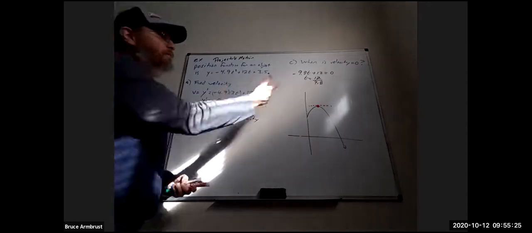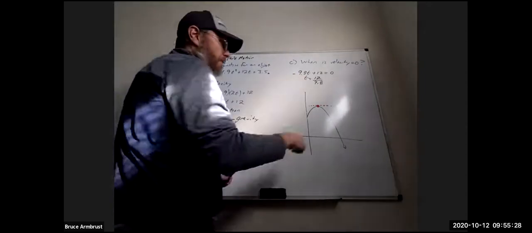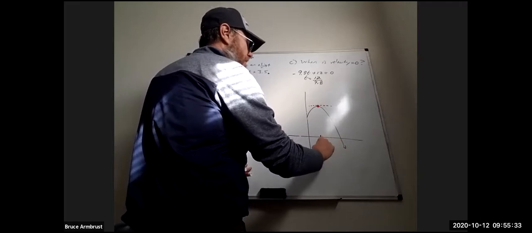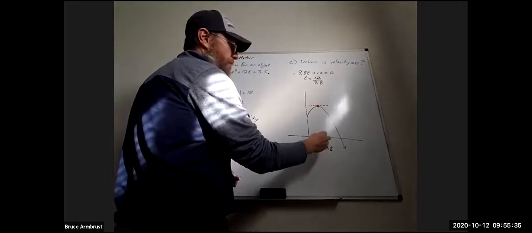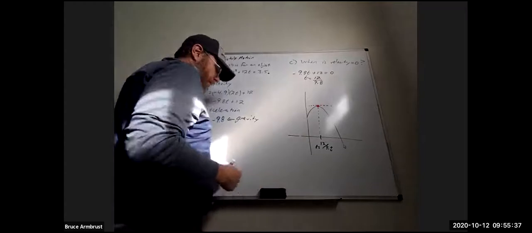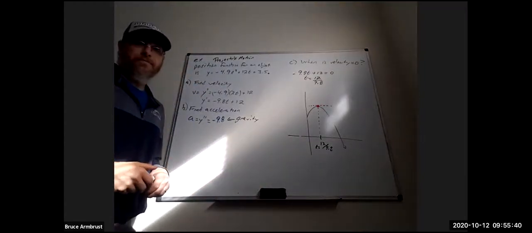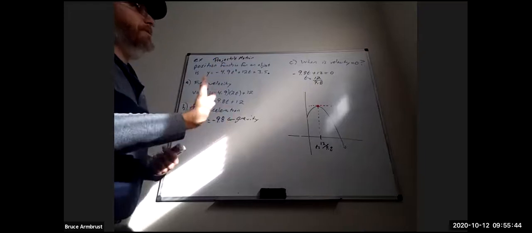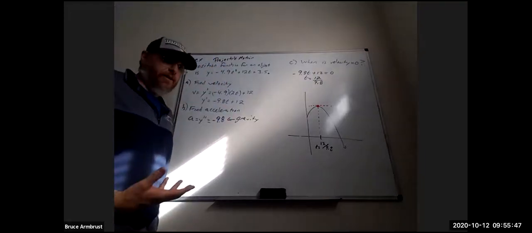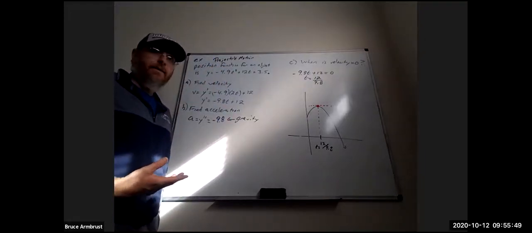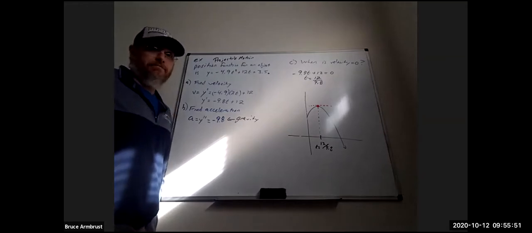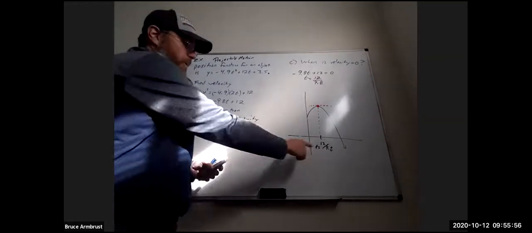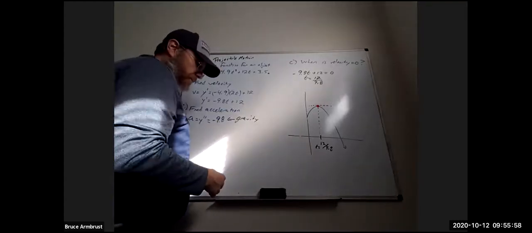All right, well, that's where this t value is. This guy, the 12 over 9.8. Again, it's some decimal number, but that's going to be the same place. All right, so in essence, when I ask where is the velocity equal to 0, it's the same question as where is the vertex. So go back to pre-calc. And I don't know if you remember the fast way of finding the x-coordinate of the vertex.